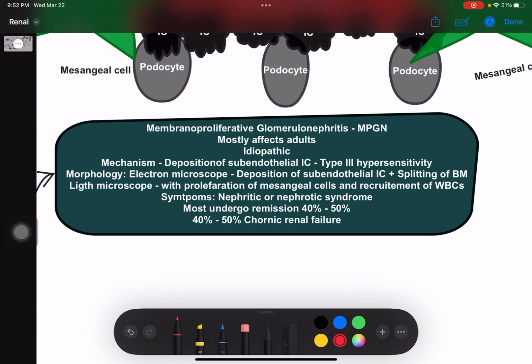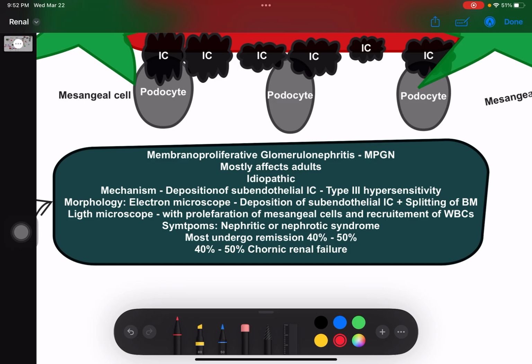Now we go to membranoproliferative glomerulonephritis. In this case, it mostly affects adults. The only cause here is idiopathic, and the mechanism is deposition of subendothelial immune complexes, so below the endothelium of the blood vessel. Again, type 3 hypersensitivity.